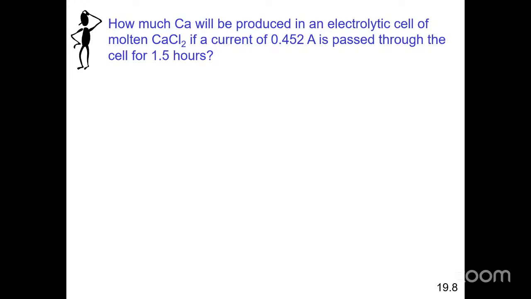So let's look at one example here. This question says, how much calcium will be produced in an electrolytic cell of molten calcium chloride if a current of 0.452 amperes is passed through the cell for 1.5 hours, all right? So basically you have to identify the reaction that will be responsible for the formation of calcium. Now, the anode reaction is where oxidation will take place, and that would be the equation right here.